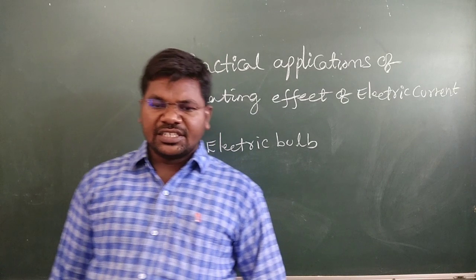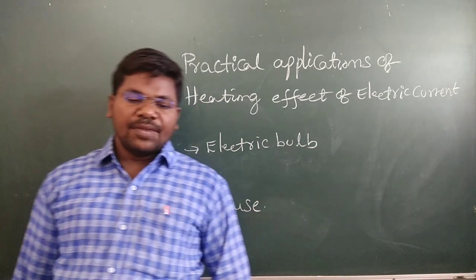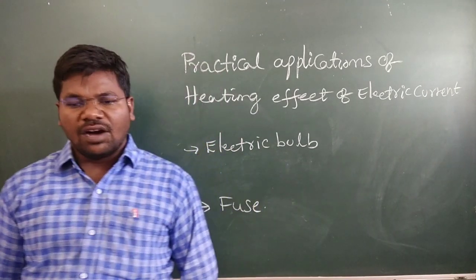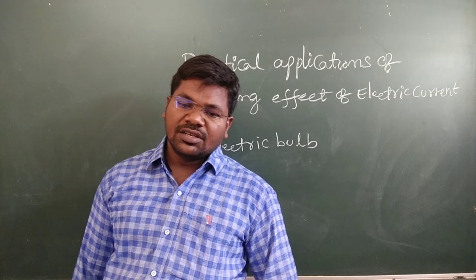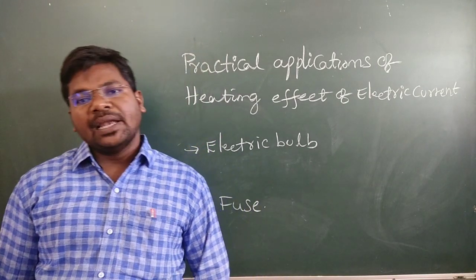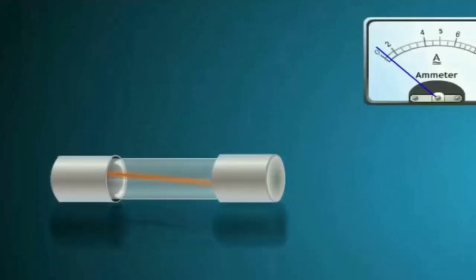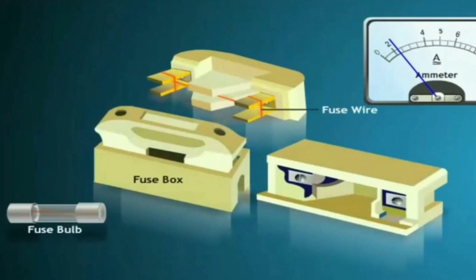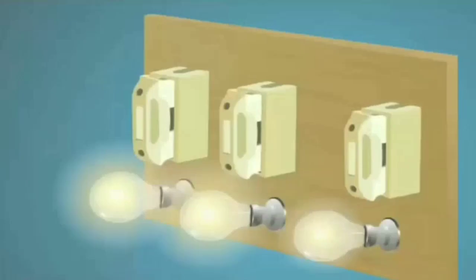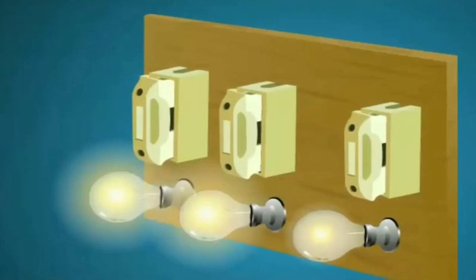We know that it is made up of an alloy of lead and tin, with appropriate melting point. So this is an electric fuse. Different types of electric fuses. An electric fuse is a safety device used to protect an electric circuit against excessive current.